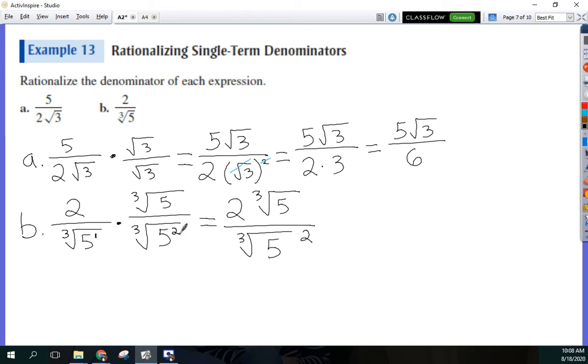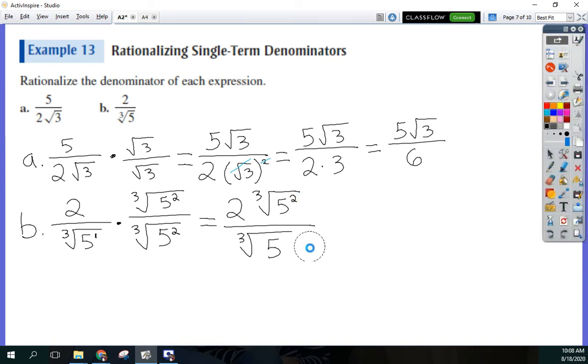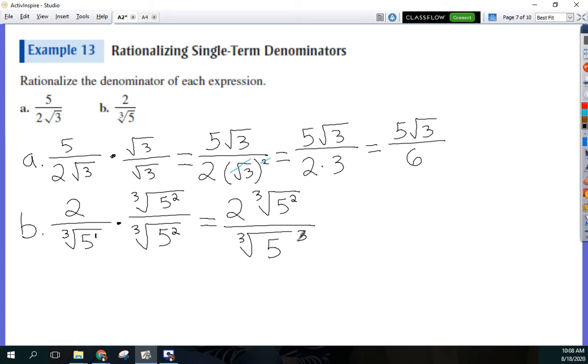So we would have 5 squared. We can either write the squared underneath our radical, or we can write it to the outside. So remember that property says that we can write it on the inside or the outside of our radical. So now we need to add in our squares. So that's going to make this number a 3 now instead, because now I have 1, 2, 3 third roots of 5, which gives me 3.